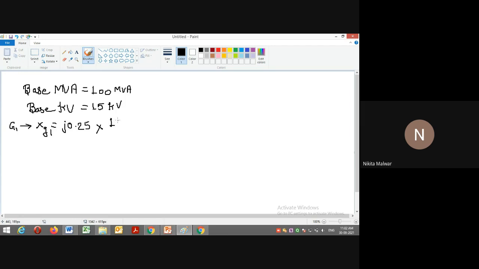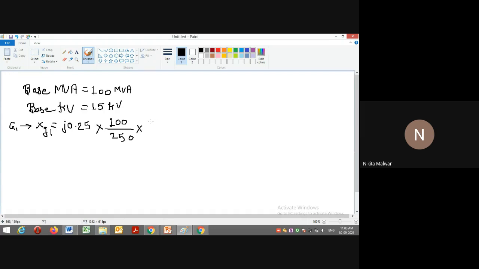So new MVA value will be 100 MVA, divided by the old value. The old value is given to you, which is G1 equals 250 MVA. So we will put here 250, multiplied with the ratio of kV base old upon kV base new.